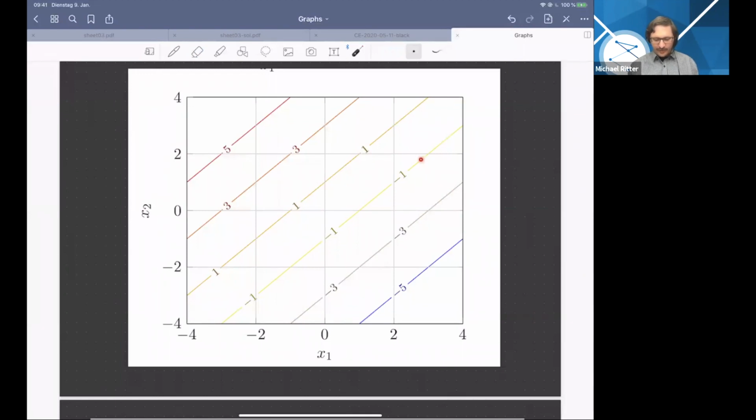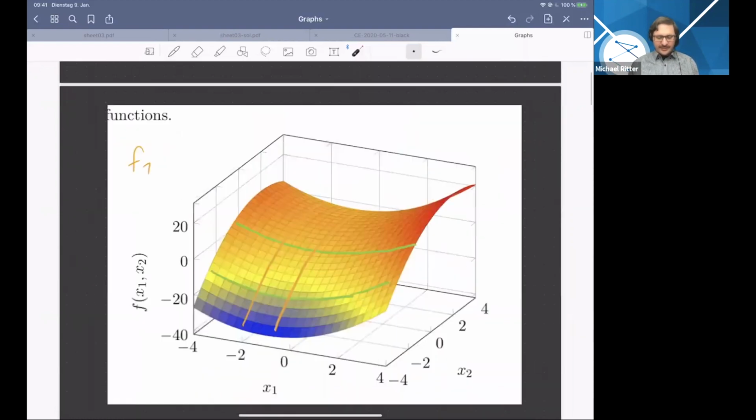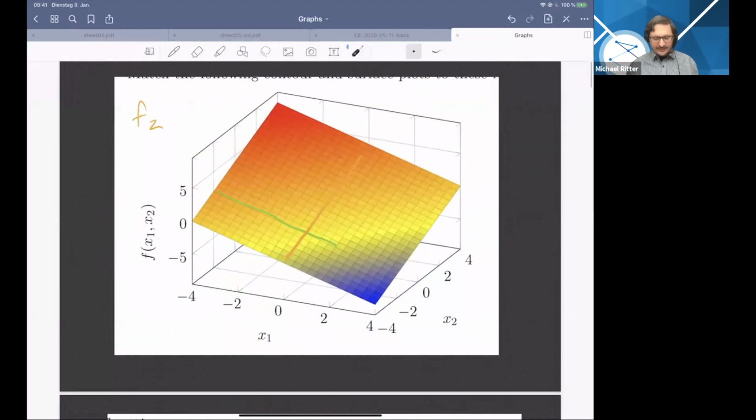Here is -1, 1, 3, 5, and so on. And again, what you can see is the growth is straight in that direction here, and the lines are equally spaced. So the growth is linear. And that means this can only correspond to this surface plot here.